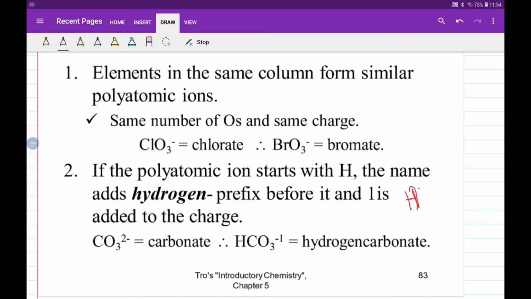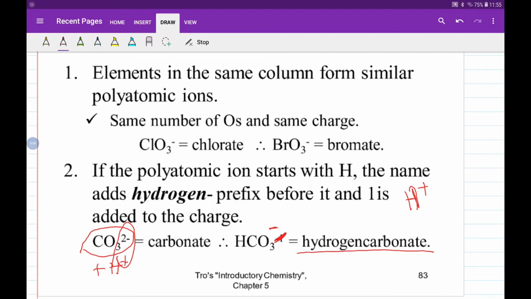Notice the charge right here on the carbonate is CO3 2 minus. If I were to add an H plus to it, I'm going to neutralize one of the charges, and it's going to be negative right there. We're going to call it hydrogen carbonate.